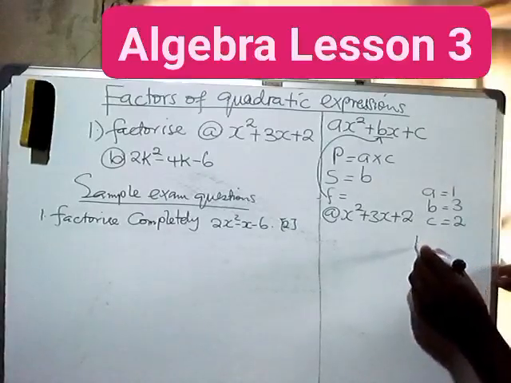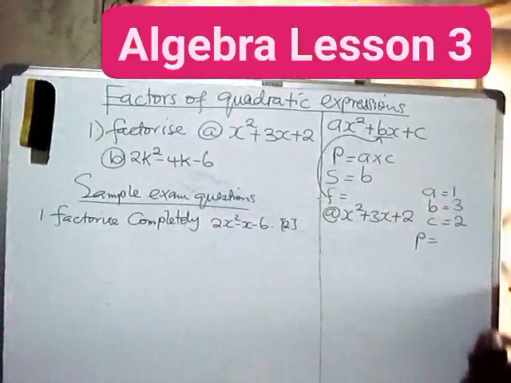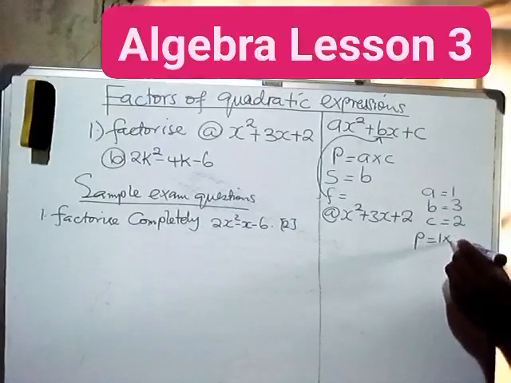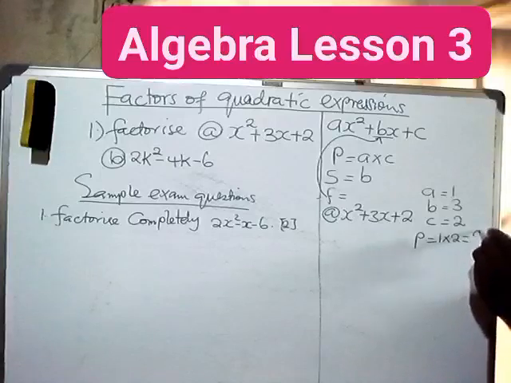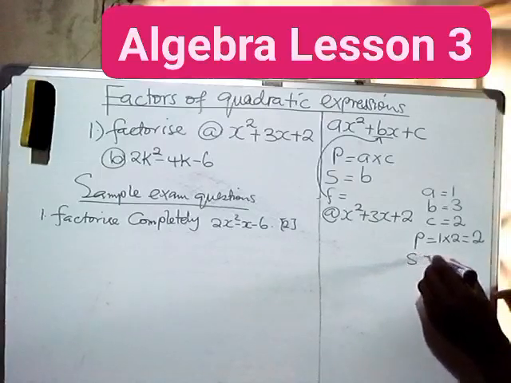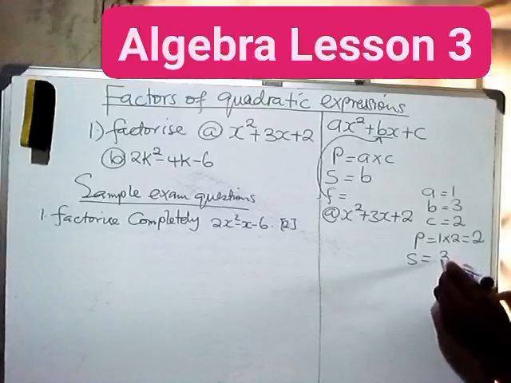Now let's find the product. We said the product is a multiplied by c. In this case, it is 1 multiplied by 2, so the product is 2. The sum is the value of b, which in this case is 3.